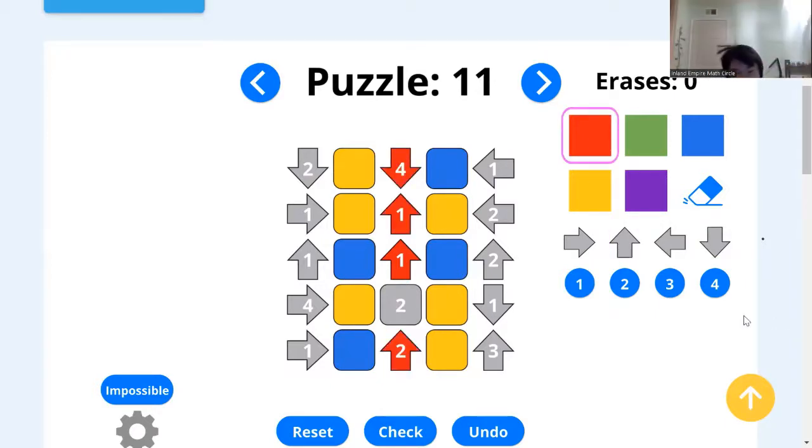Boom. All right, so that's already a complete loop. I have no idea what I'm doing. I had no idea this was gonna be this hard.